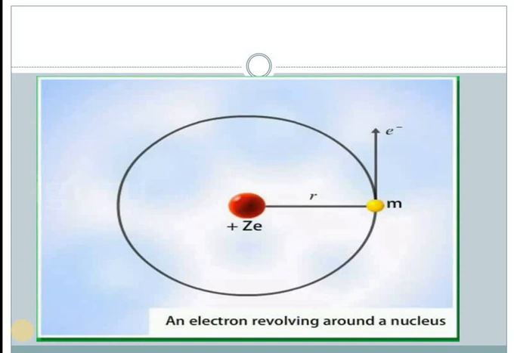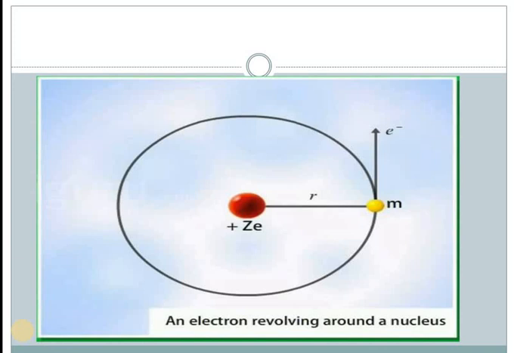As we are studying, we have to calculate the radius of an atom, that is, at what distance from the nucleus the electron is present. We can say that the electron is revolving around the nucleus in certain fixed shells or orbits, and it is being attracted towards the nucleus.